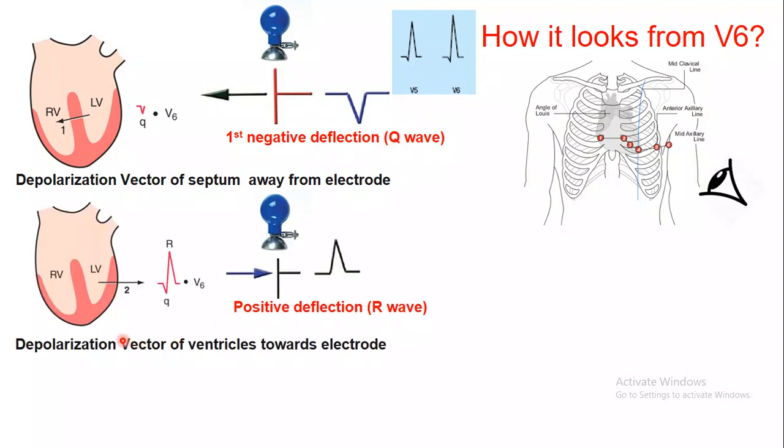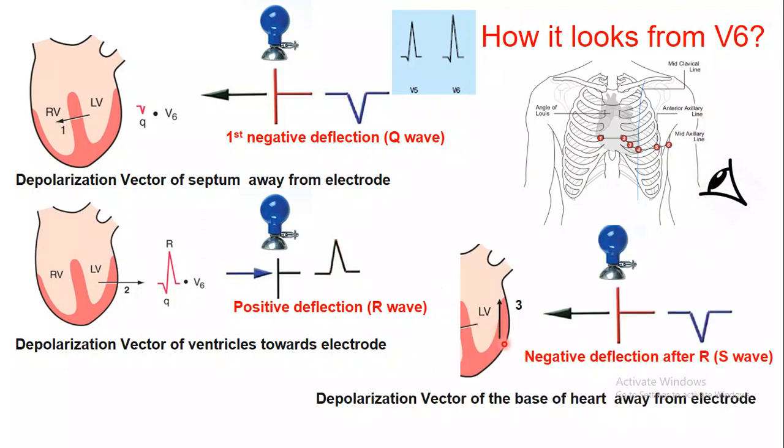The second phase of ventricular depolarization is depolarization of the left ventricle and right ventricular free wall. But because the left ventricle is more muscular and creates more electrical activity than the right side, the net electrical current will be towards the left ventricle. And this depolarization vector of the left ventricle is moving towards the recording electrode if we are looking from this side, causing a positive deflection on surface ECG called R wave.